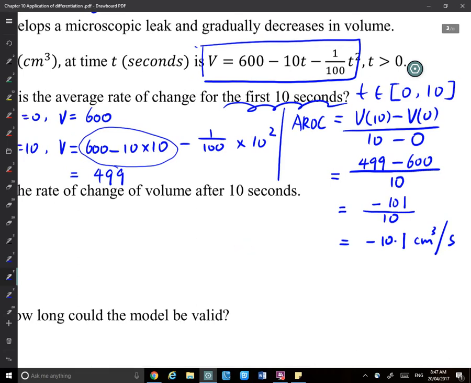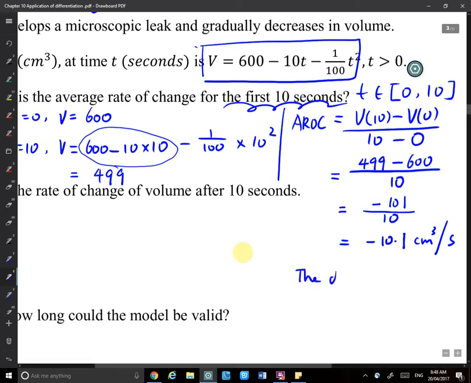If asked to explain this answer, you won't say the rate of change is negative 10.1. You will say the decreasing rate of volume is 10.1 centimeter cube per second.